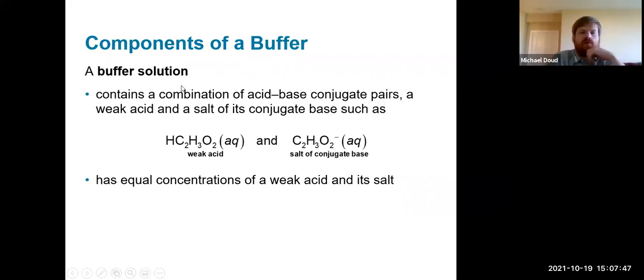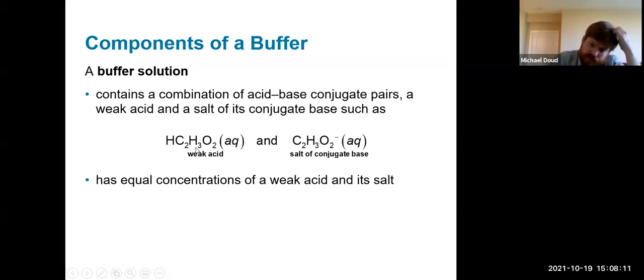Okay, so the way a buffer solution is actually formed is that a buffer solution has to contain a combination of acid-base conjugate pairs. In other words, the acid component has to be a weak acid, and then the base component has to be the conjugate base of that acid. So this is acetic acid here. When acetic acid gives up its proton, it forms acetate.